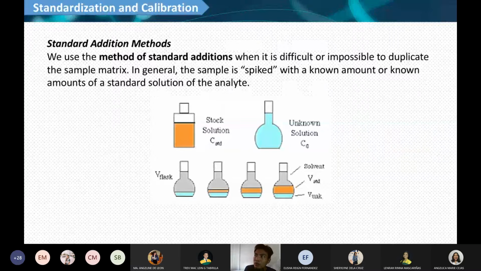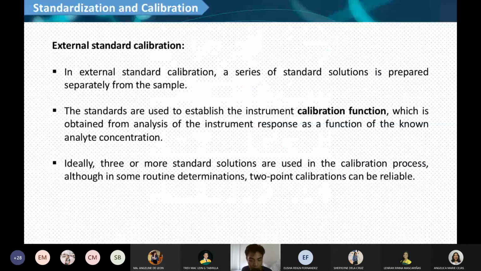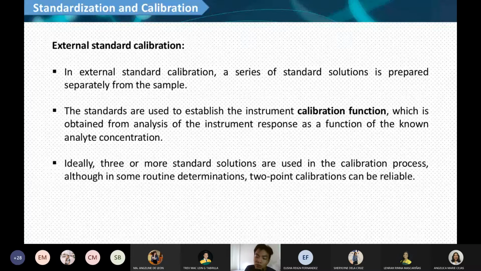Okay? So, that's how we measure the amounts of the substance in our samples. There are three methods for us to determine their amounts. One is the external standard calibration. When you say external standard calibration, you are creating a calibration curve from your external standards.